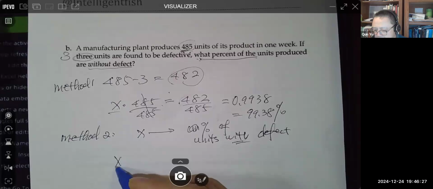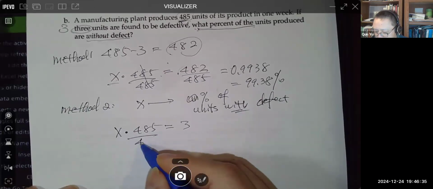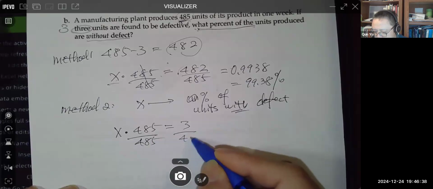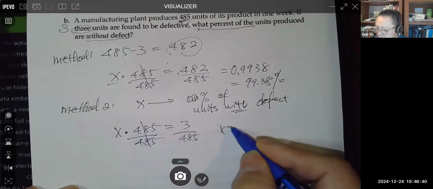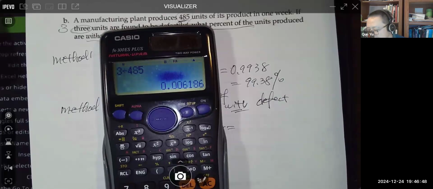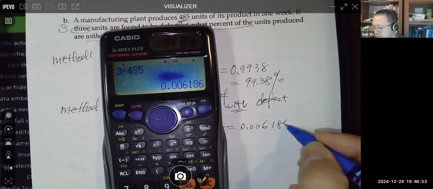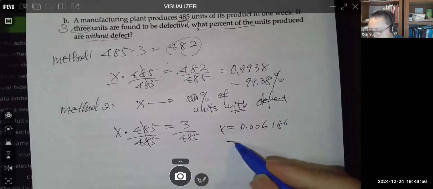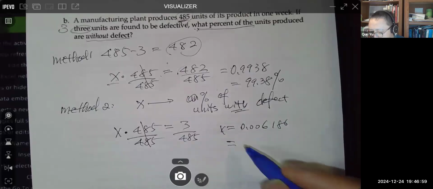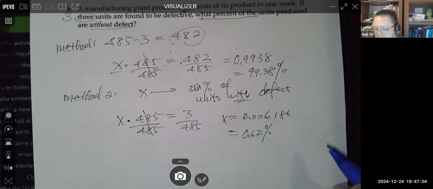So X% of this whole thing have defect, which is 3. 3 units have defect. So we divide by 485. So 3 divided by 485, we get 0.006186. Now convert that to percent, move 2 decimal digits to the right. We get 0.62%, rounded to 2 decimal digits.